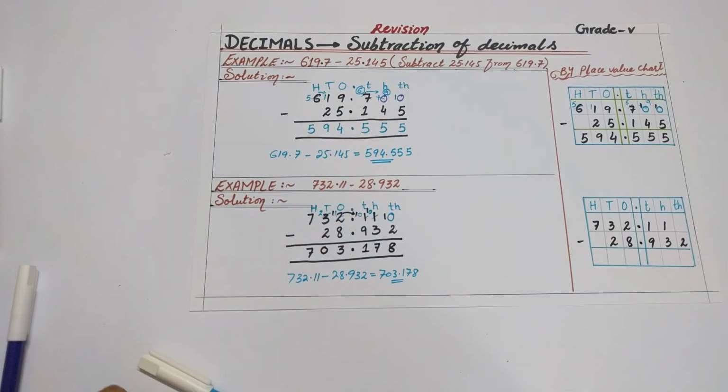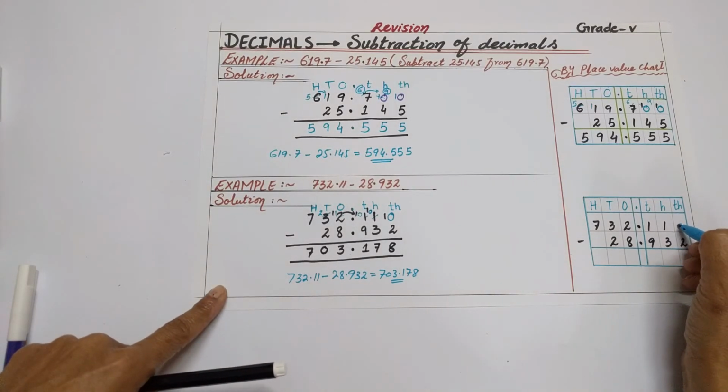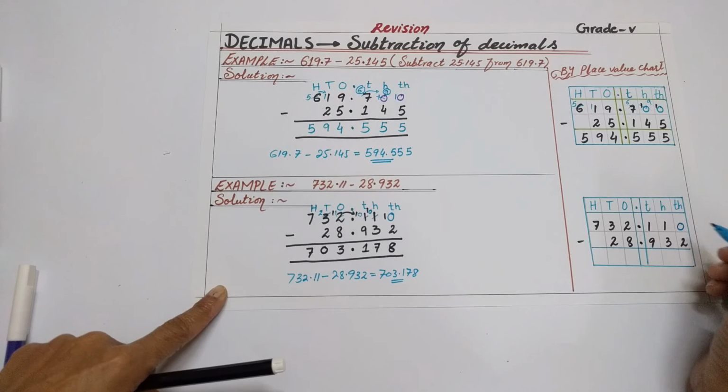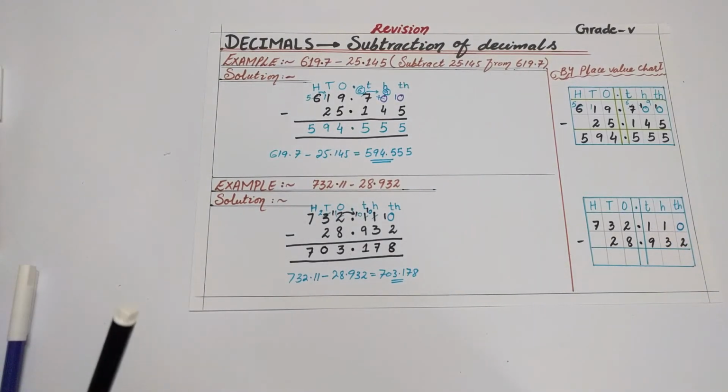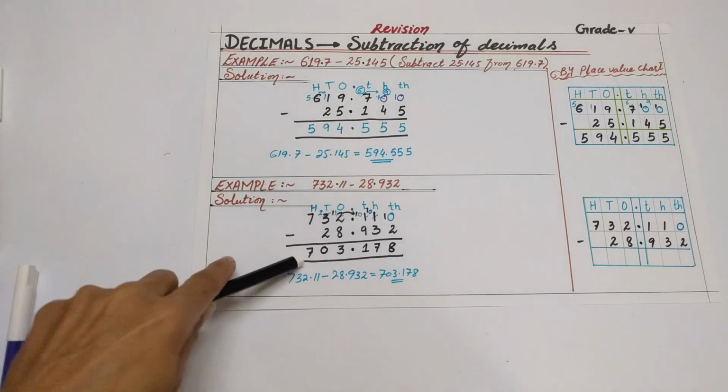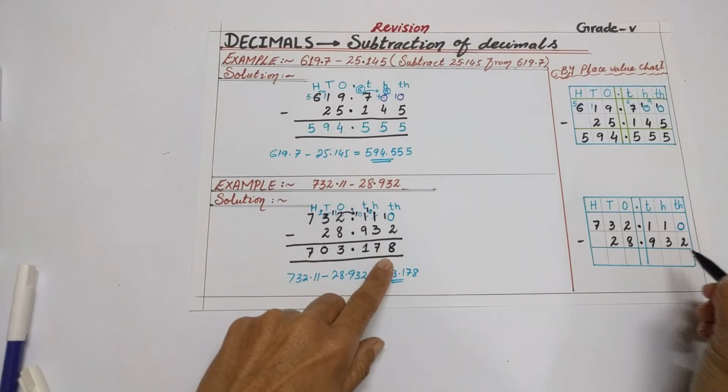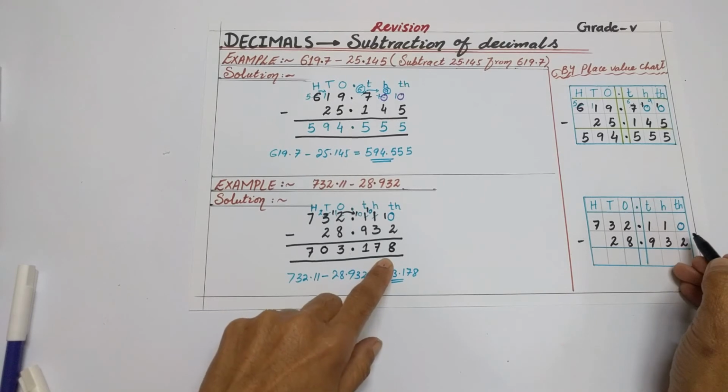As our decimals are unlike, that's why we will put 0 in the 1000 place to balance the decimal places. 1, 2, 3, 1, 2, 3. Now the subtraction procedure is totally like this, as I explained before. So here I will just directly put the answer.